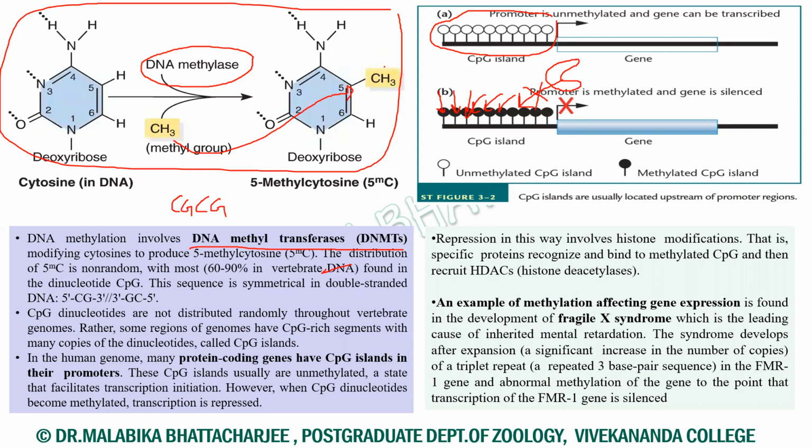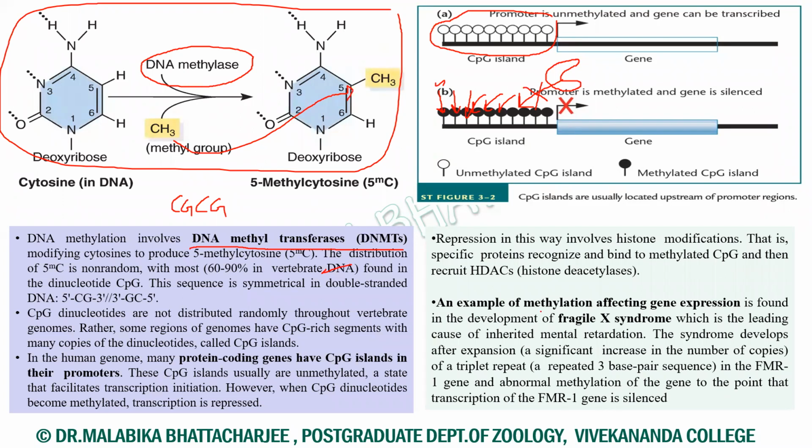Only a structural modification of cytosine has been done. Methylation has been added, and the addition of methylation makes that area unrecognizable to the polymerase enzyme. Since the polymerase fails to recognize the promoter, the gene is automatically silenced. The gene cannot be transcribed.